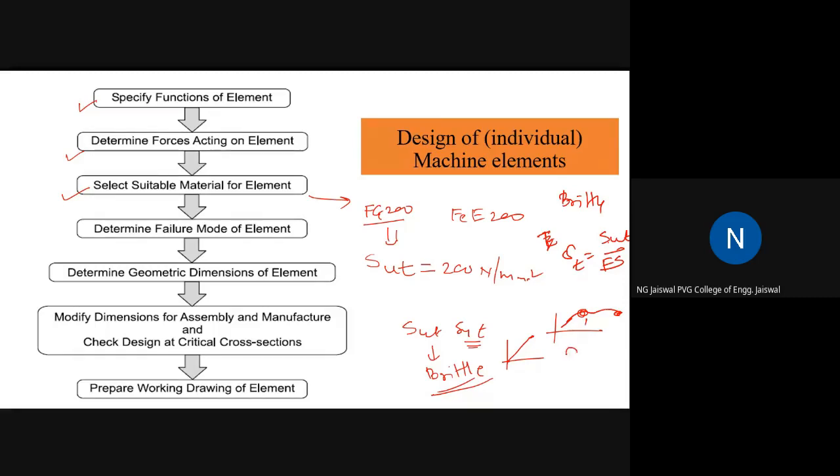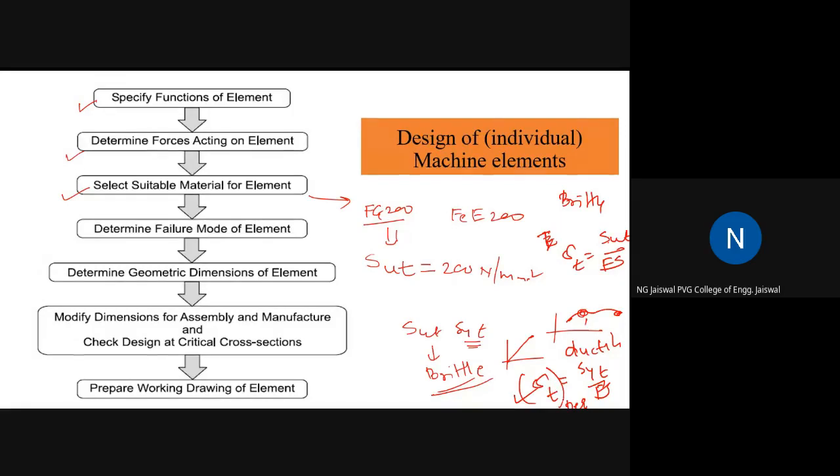And if it is a ductile material, I will say that permissible sigma T is equal to SYT by factor of safety. See, in the previous slide somewhere we mentioned that we have to find out the permissible shear stress, and the question was there that therefrom we get the permissible shear stress, permissible values. So this is a way of getting permissible values.